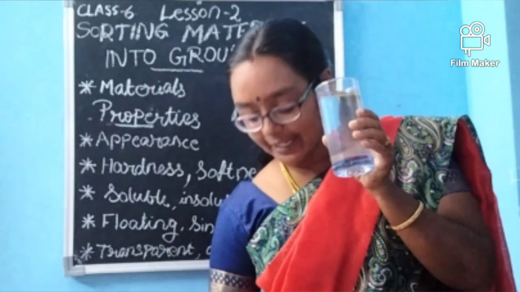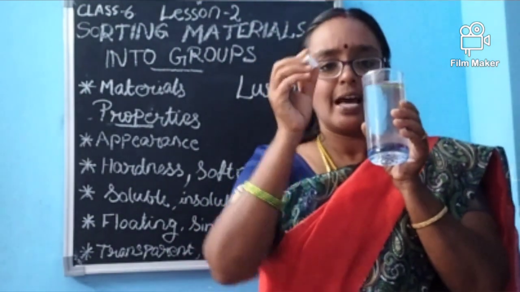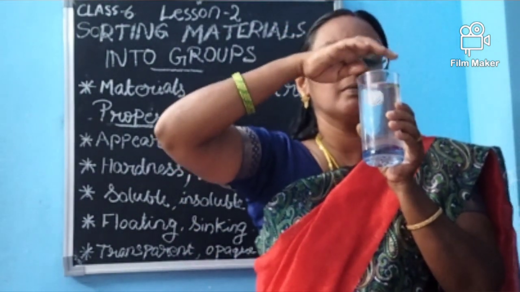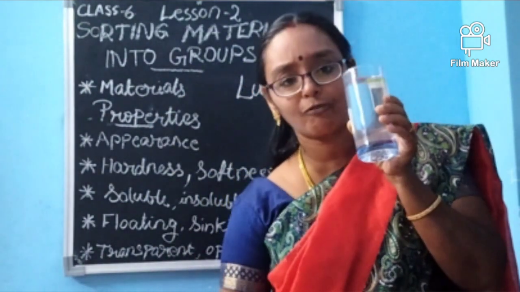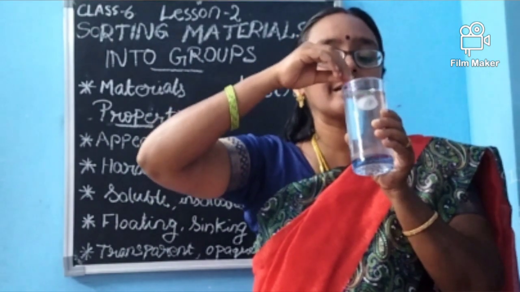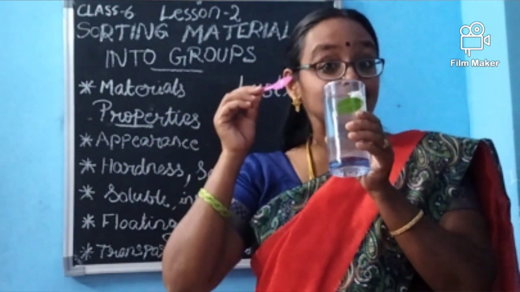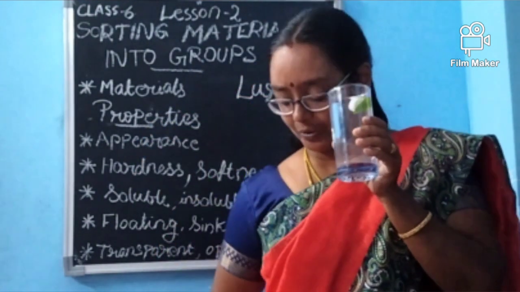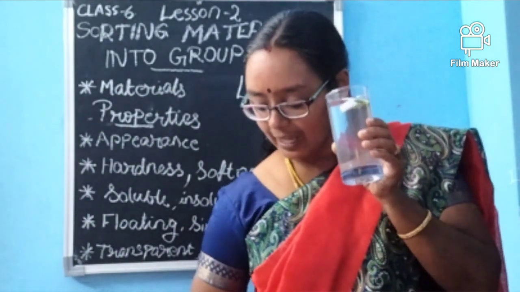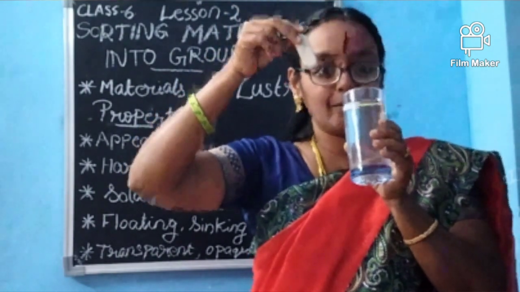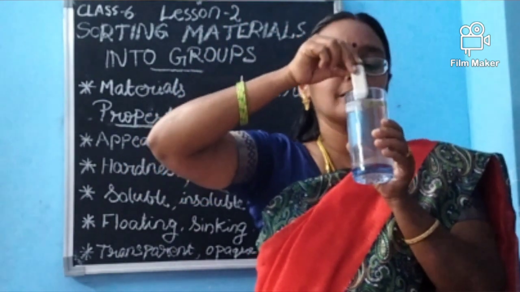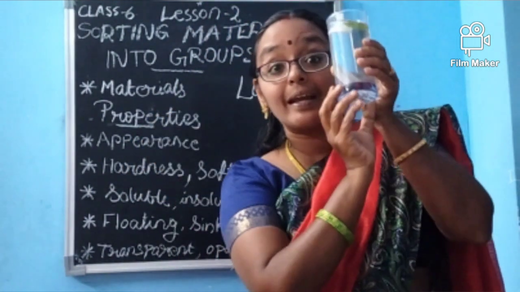And this is a cap here, I am putting it in water. It is also coming at the top. Is it sinking or floating? Now you tell me. Is it sinking or floating? It's floating again. Now I am putting an eraser. It's a big one. Now let's see what's happening. I'm keeping it. It is coming to the base of the water.